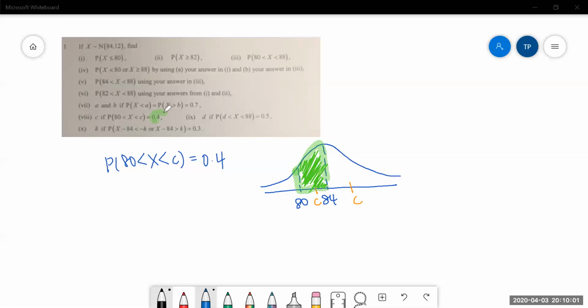This probability of C is in relation to the probability between 80 and 84. 0.37589. So we know that from 80 to 84, it is lesser than 0.4, which means C must be beyond 84.